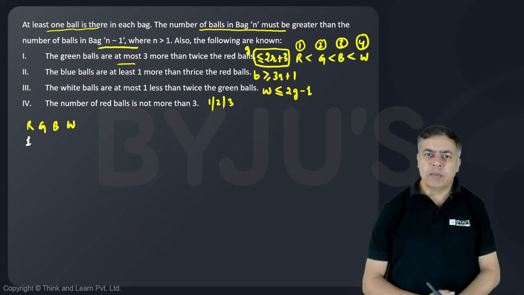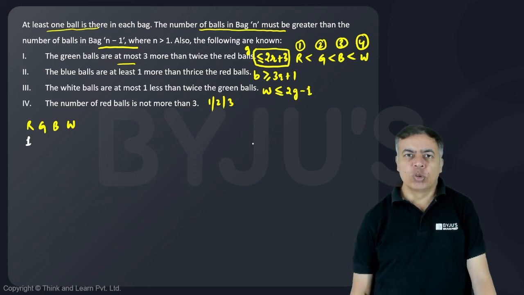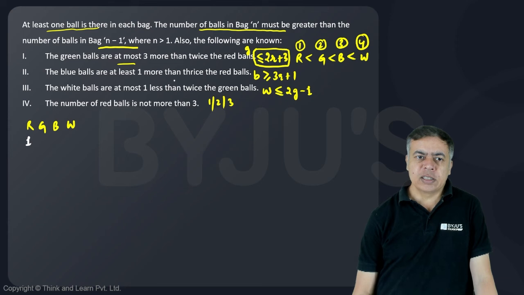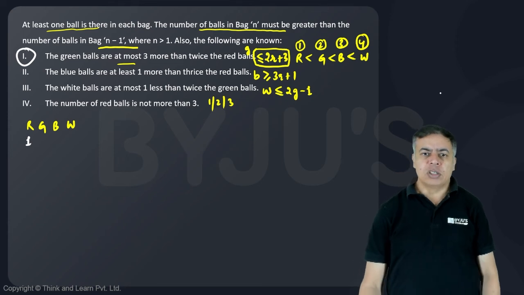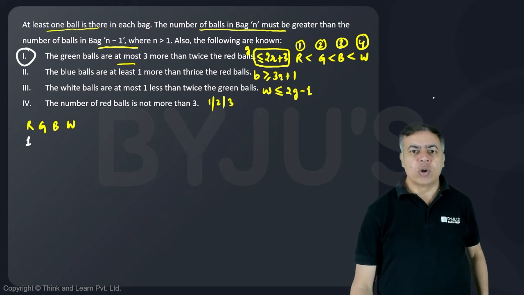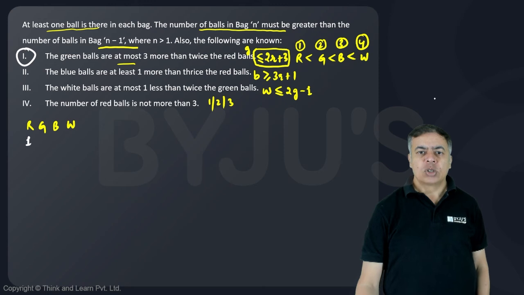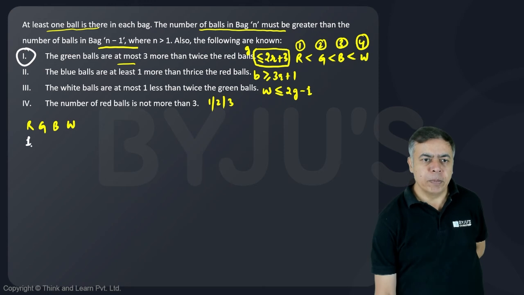So 2 into 1 plus 3. This is the formula for condition number 1 for the green balls. Green balls are less than equal to 2r plus 3. Now r is 1, so less than equal to 5. So green can be 2, 3, 4 or 5.